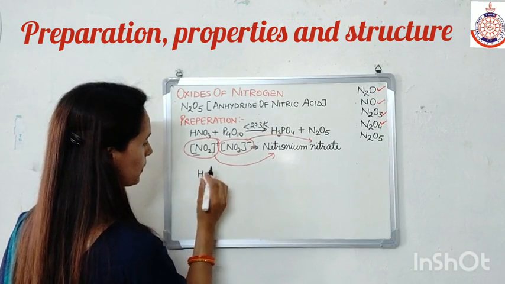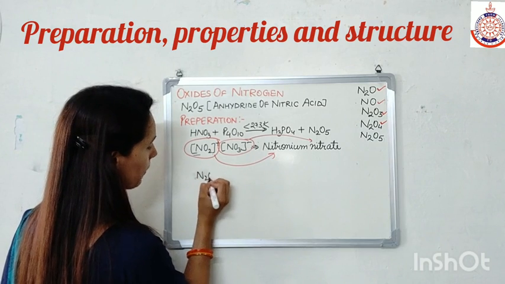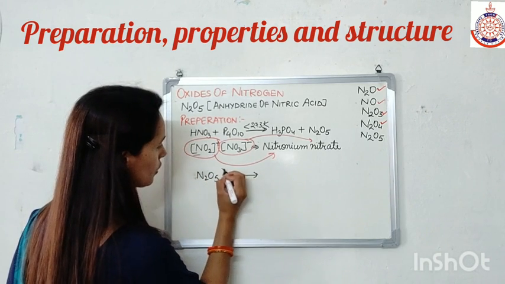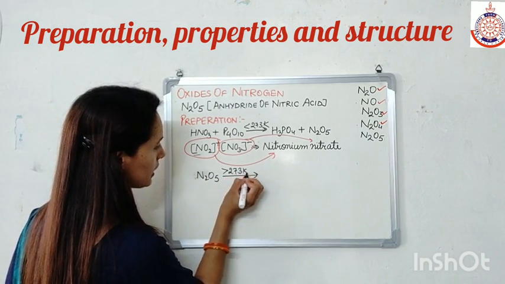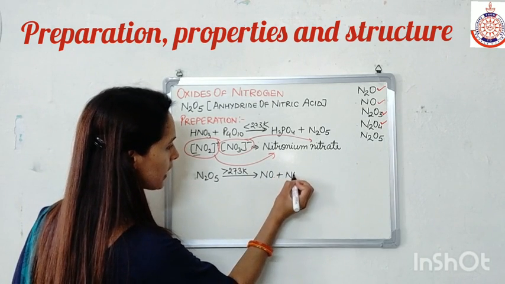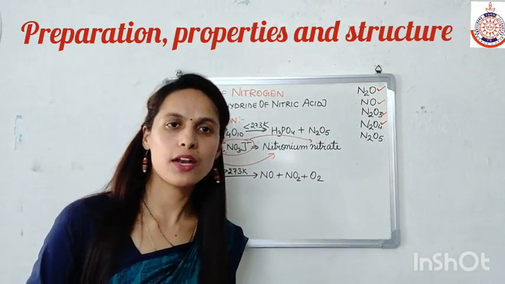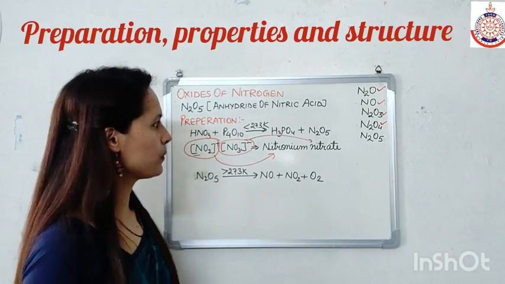And if the temperature is greater than 273 Kelvin, then it decomposes to form NO plus NO2 plus O2.